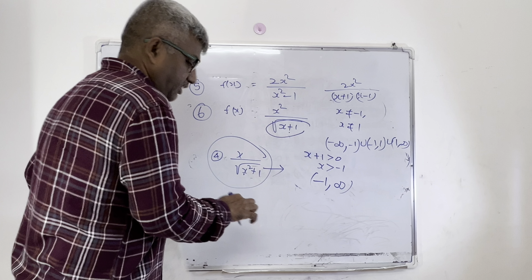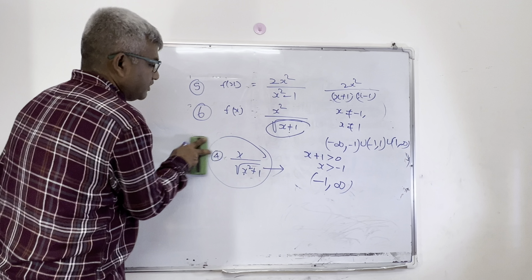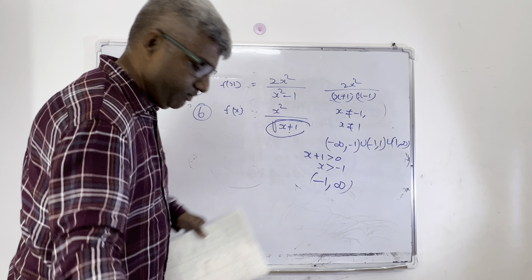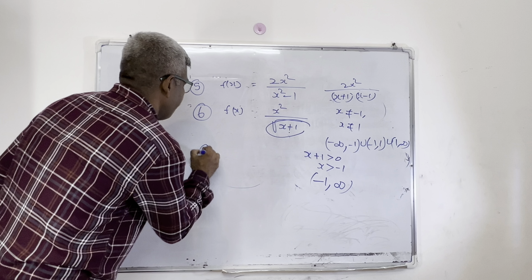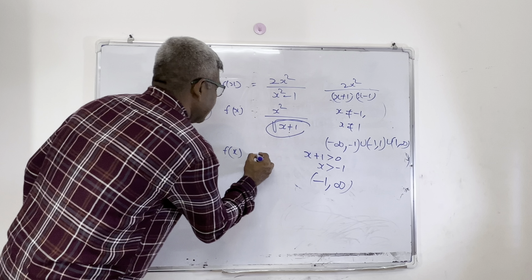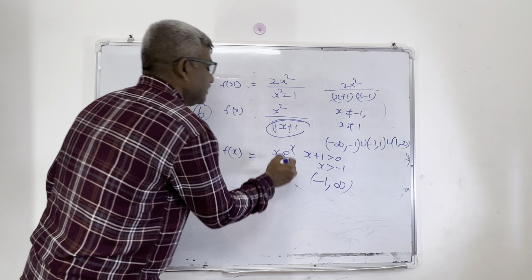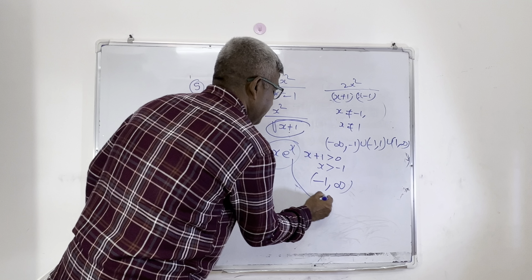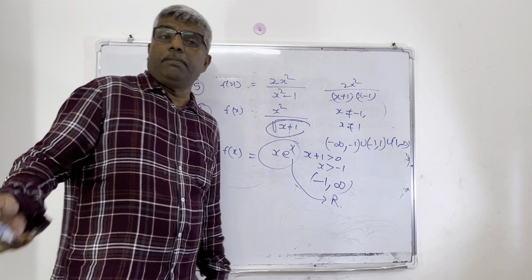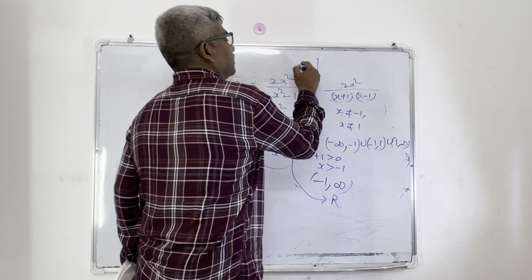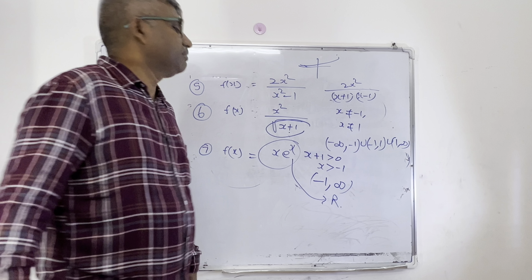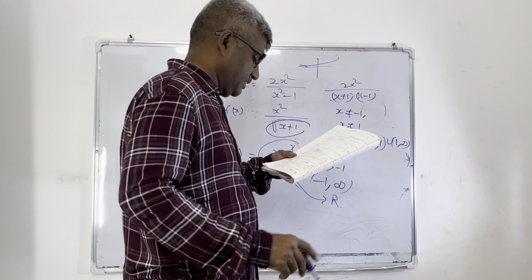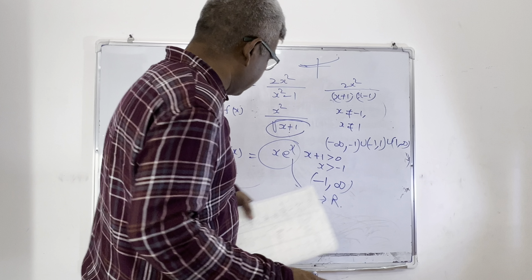Question number 7. F of x is equal to x e power x. Here the domain is all the real numbers, because we know the e power x curve is like this. So the domain is all the real numbers. Question number 8.